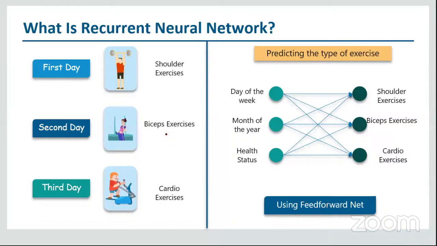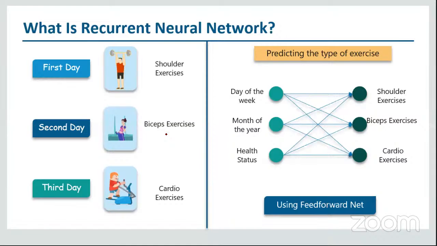Now if you see, based on day of the week, month of the year, or health status, can you predict the type of exercise? Day of the week, it could be any three: shoulder, biceps, or cardio. Month of the year, anything. Health status, anything, which means in the feed forward it is completely connected, right?